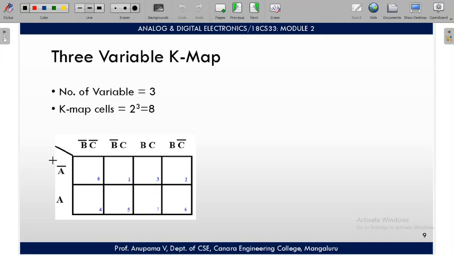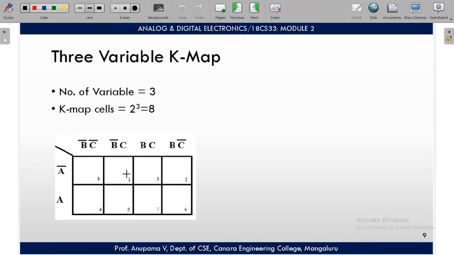So, the first variable A is written vertically as A complement and A. Similarly, the last two variables, B and C, are written horizontally as B complement C complement, B complement C, BC and BC complement. These numbers written in blue color indicate the minterm locations of the Karnaugh map, that is, the 0th minterm entry should be entered here.